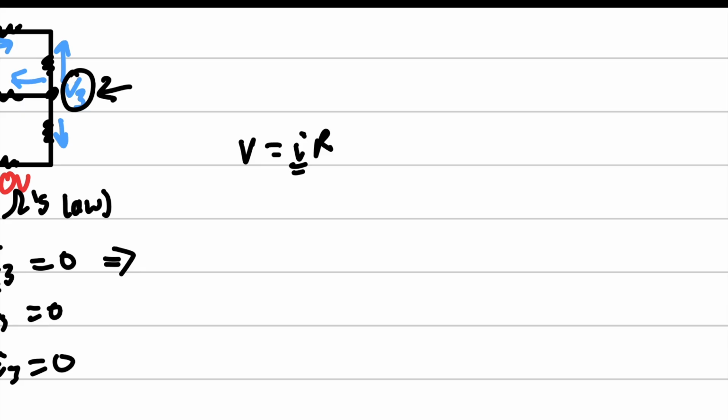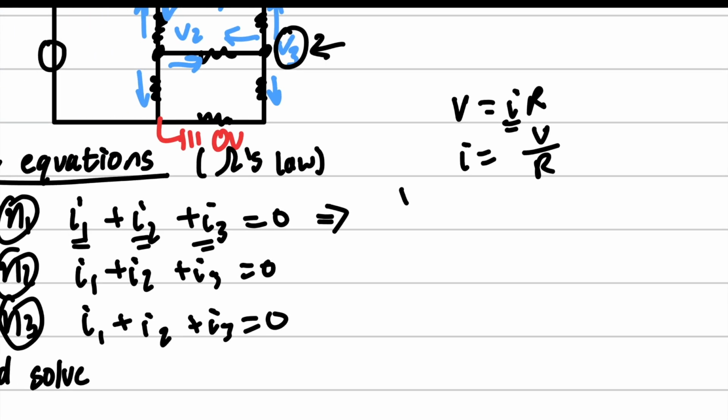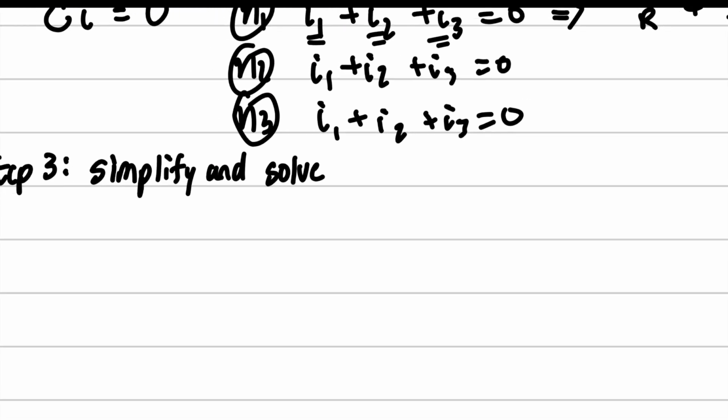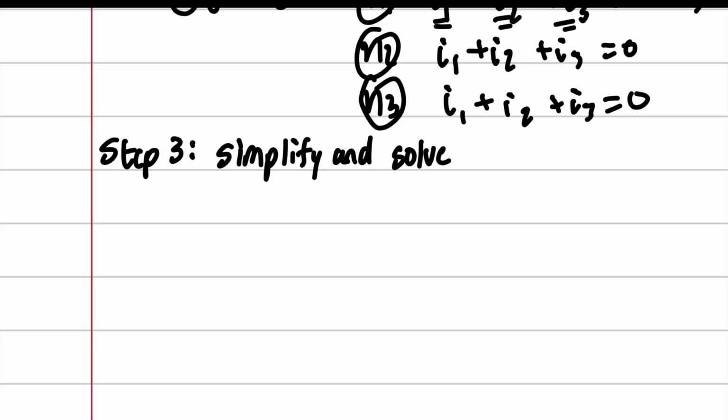In this case, I is equal to V over R. Each one of these terms is going to look like this, where R is some arbitrary number, and then the sum equals 0. And then from there, we're just going to simplify and solve.